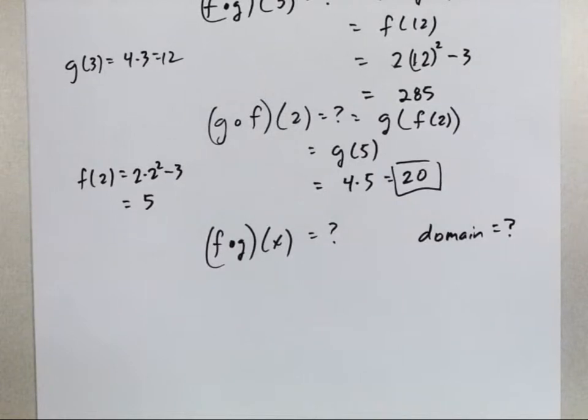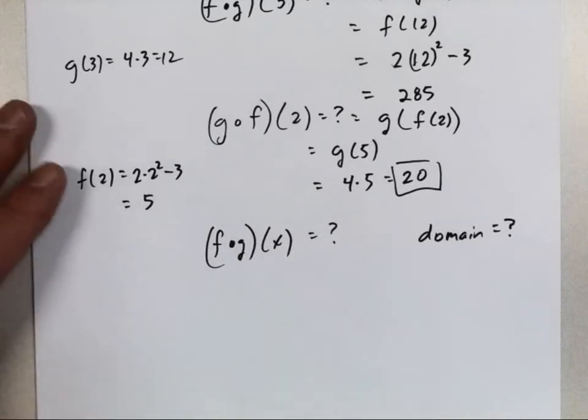Remember, the domain is all possible values of x. And hopefully you remember our previous talks about domain. The thing we're having to look for is if you have any equation or expression with any x's in the denominator or any x's under the square root, right? But there's a little twist here.